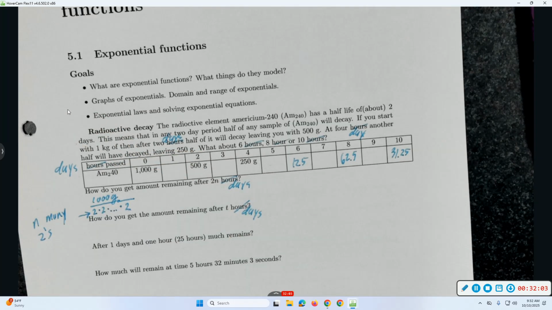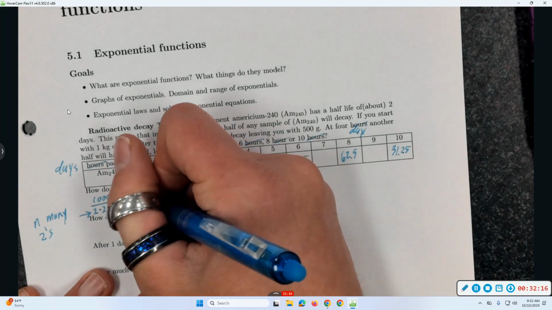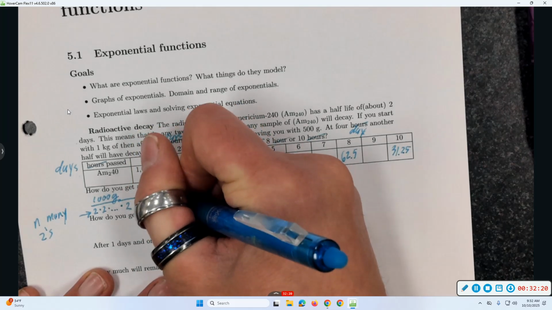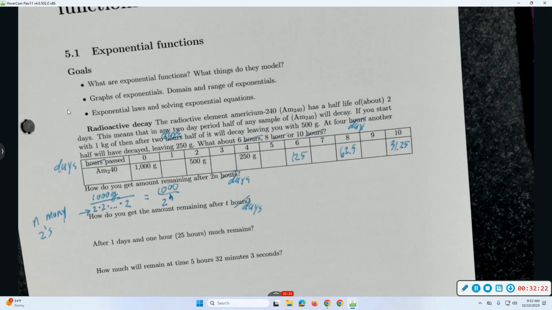Cool, that feel pretty alright? And let's just notice this is a common enough thing to do that there's some notation for this. Well, when you take 2 and multiply it by itself a bunch of times, that's what exponential functions are. Exponential functions are things that are modeled after multiplying by a number a variable number of times.